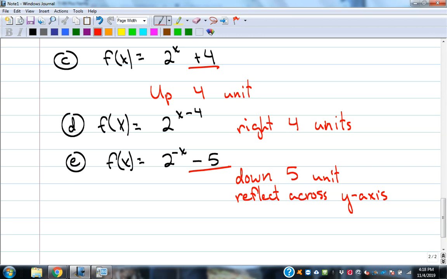So if the negative were out here in the front, that would be across the x-axis. That's how that would differ. With the negative out in the front, outside of the x, would be across the x-axis.